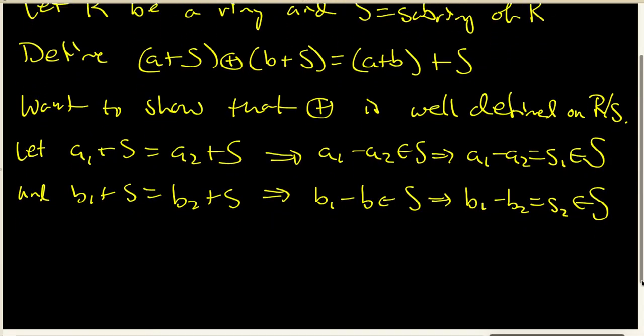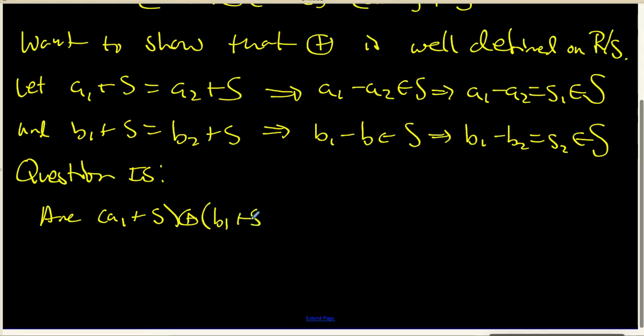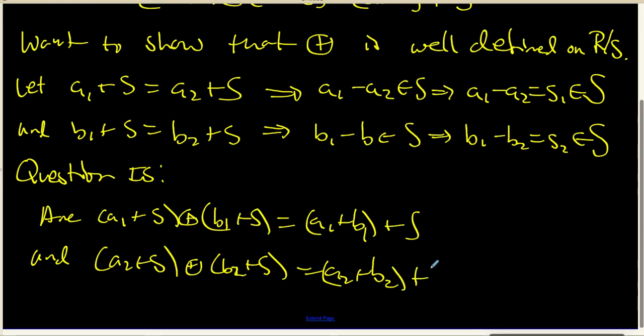And our question is going to be, are the sets A1 plus S plus B1 plus S, which is A1 plus B1 plus S, and the set A2 plus S plus B2 plus S, which is A2 plus B2, there should be a 1 there, plus S, are these two sets equal?